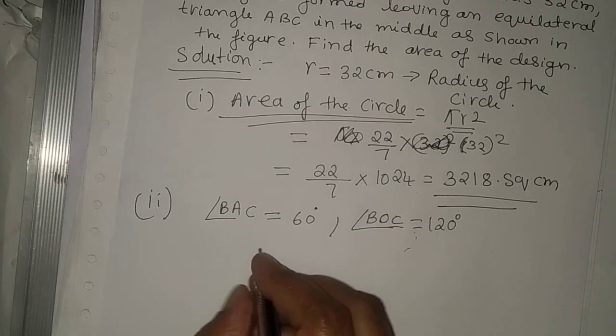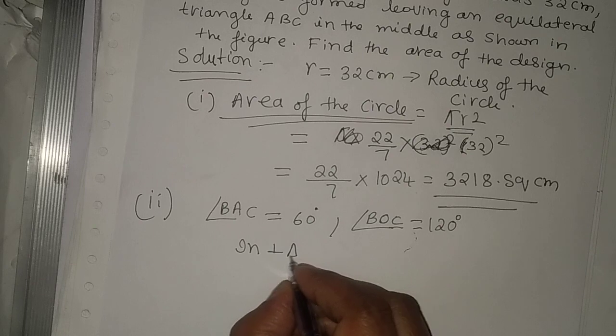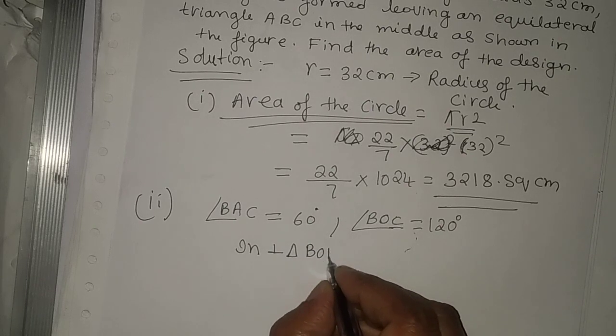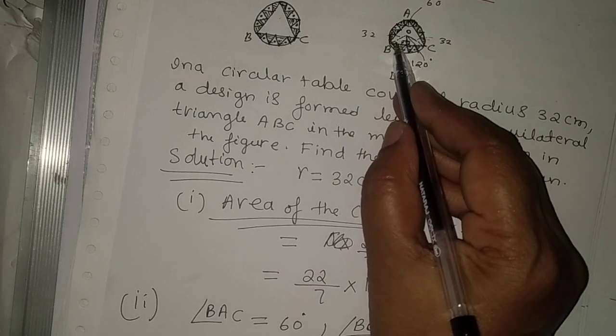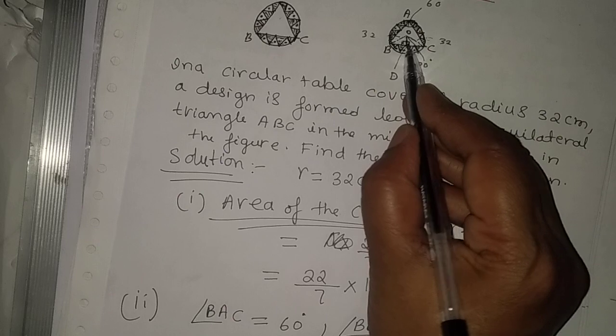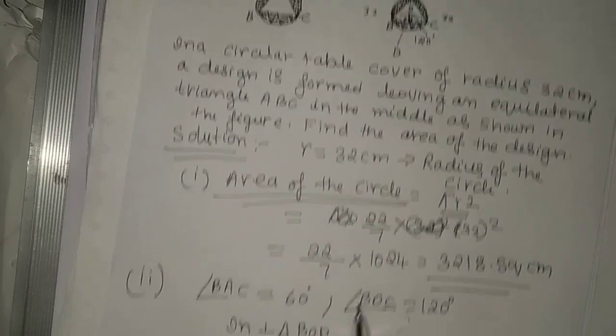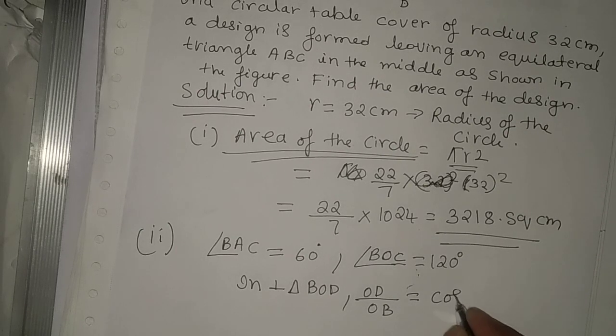Then in the perpendicular triangle BOD, this one, this forms two triangles here, this part is D, BOD. OD by OB is equal to cos 60.